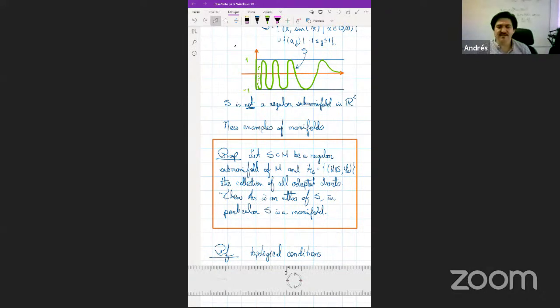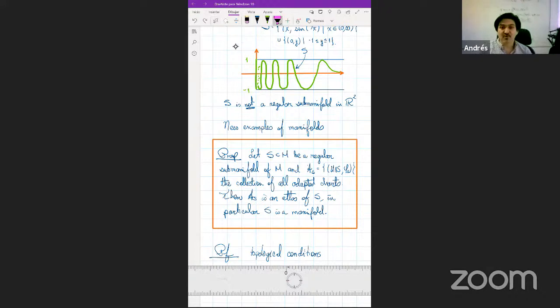Locally Euclidean, not so much. For that, we use the concept that we have the adapted chart. That locally, S looks like some R^k. So the topological conditions, you can work it out, there's no problem.